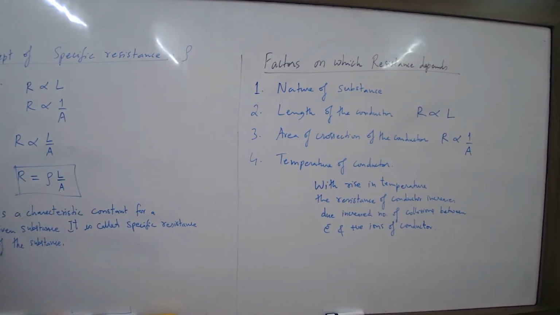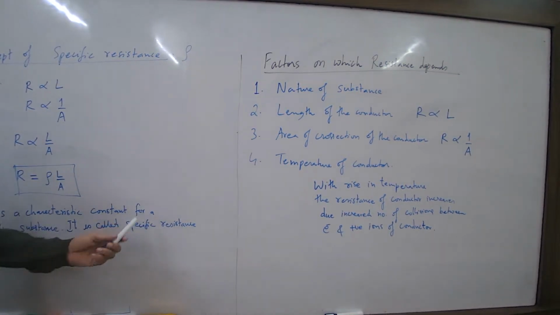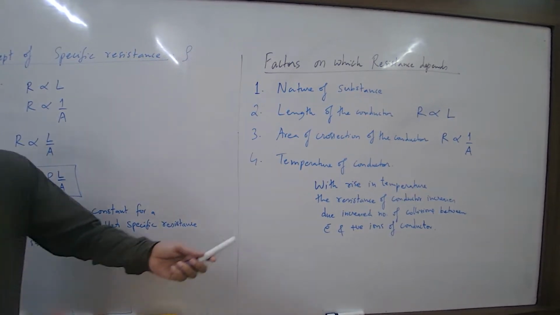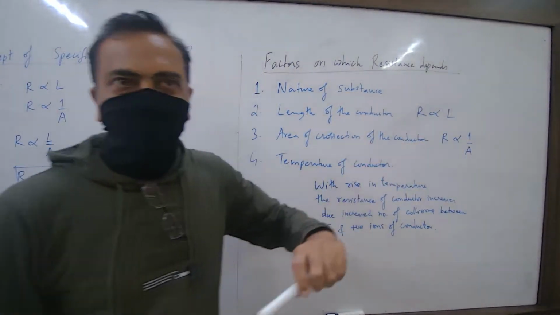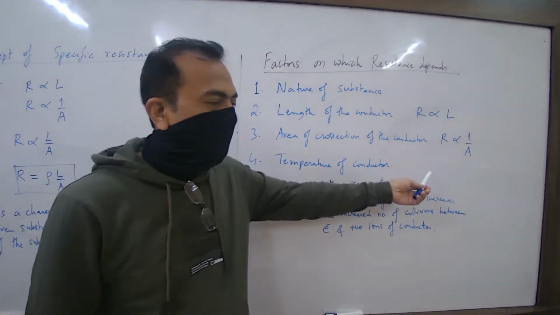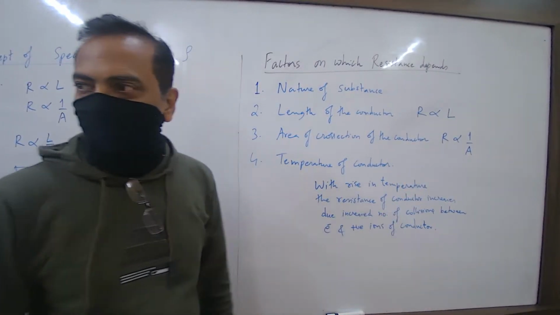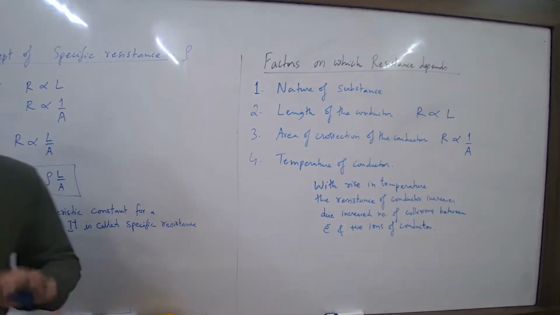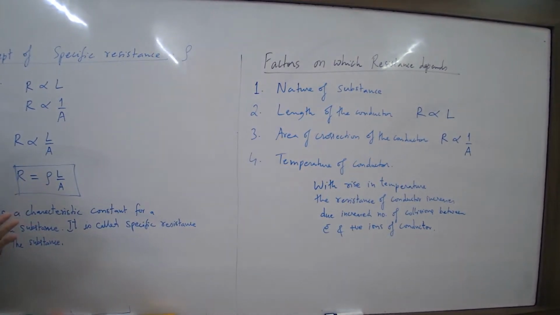So what is this rho? Specific resistance, right? Everybody done writing? So for the same substance, if its length increases, the resistance changes. If its area or thickness increases, the resistance changes. So resistance for the same substance is not a characteristic constant for it.